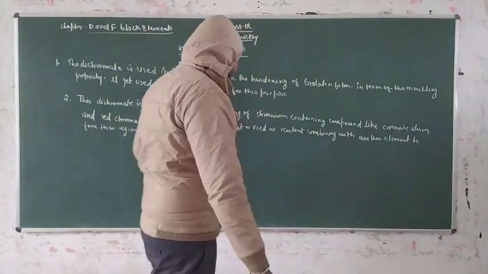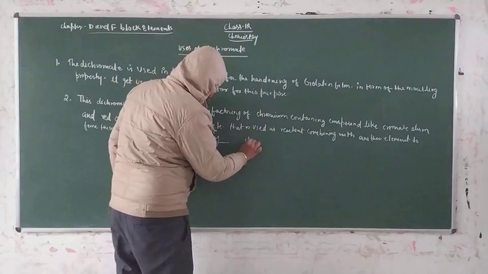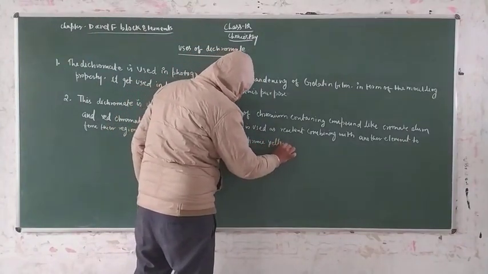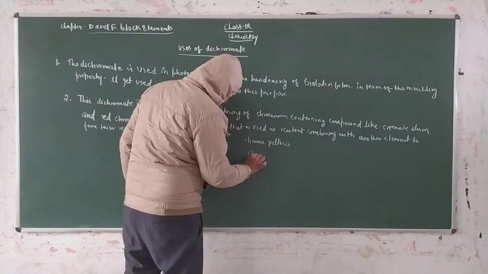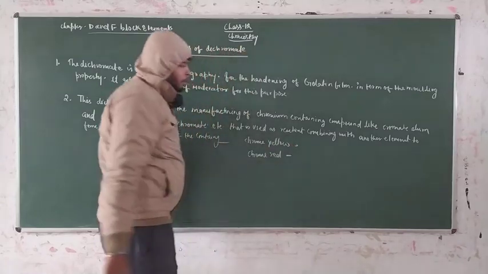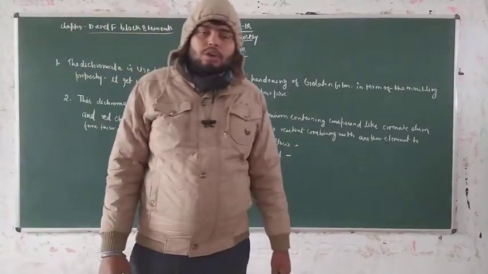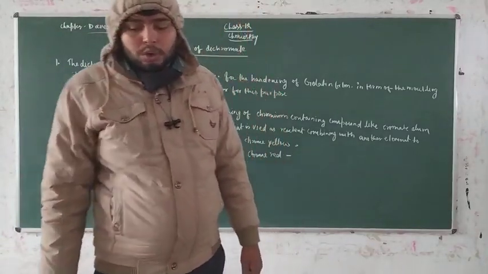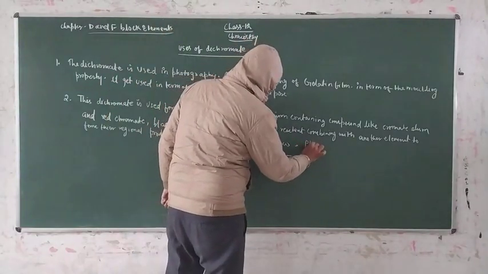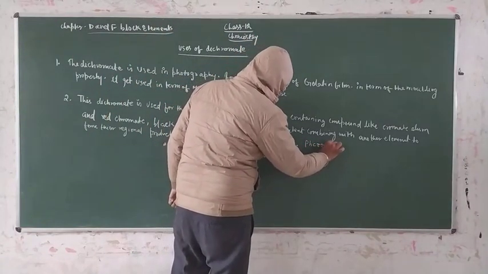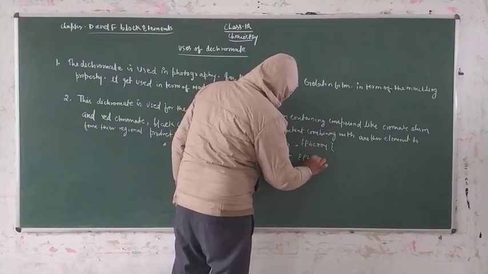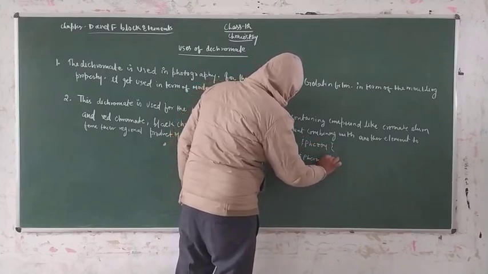This is also used for the formation of chrome yellow and chrome red. These two compounds are also prepared using this; this is PbCrO4, and this is PbCrO4.Pb.